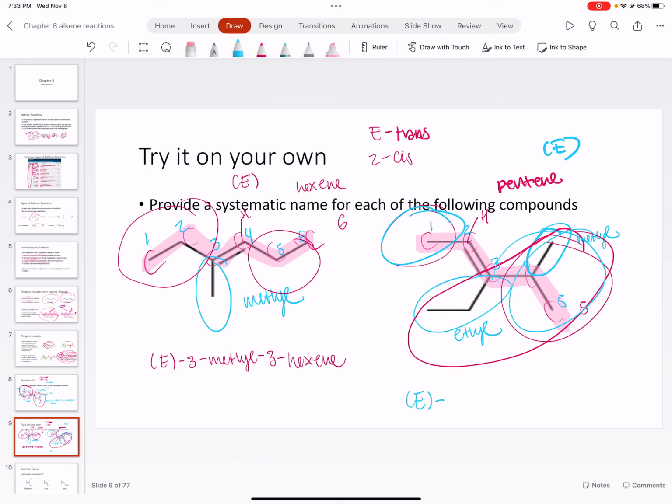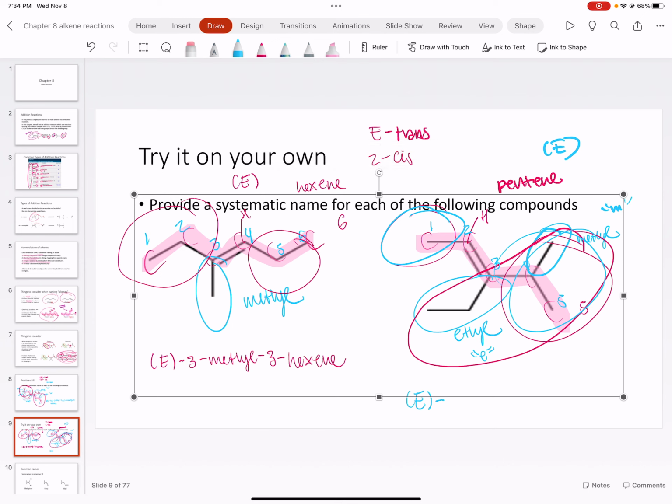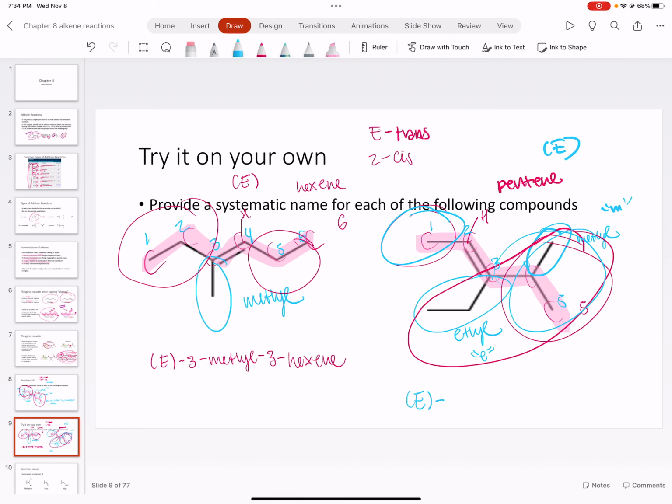So then we have methyl and ethyl. If we arrange it alphabetically, ethyl is going to come first, and we only have one ethyl substituent, which is in position number 3, so we can do 3-ethyl.